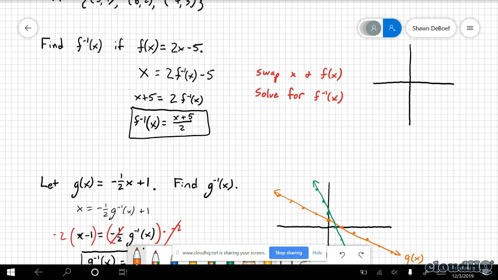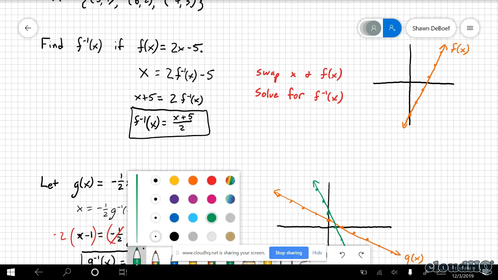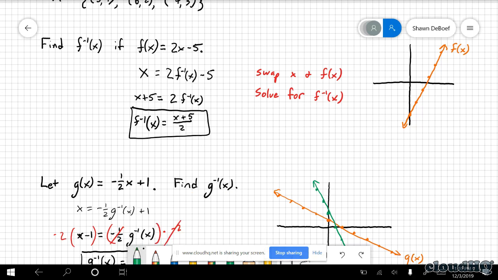All right, so -5. So there's the f of x. For the inverse, maybe it's easier to think of that not as one big fraction, but as two separate fractions.